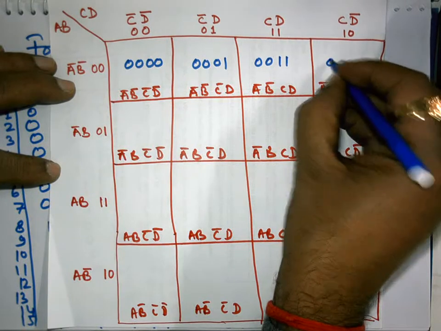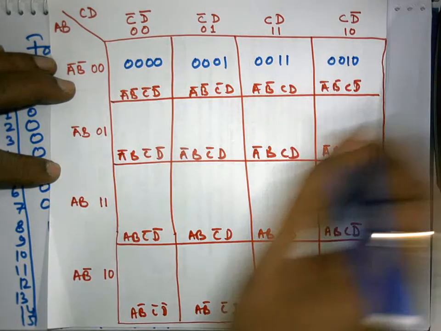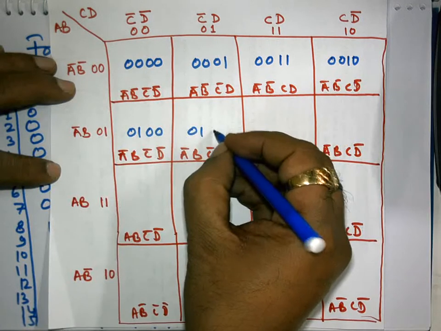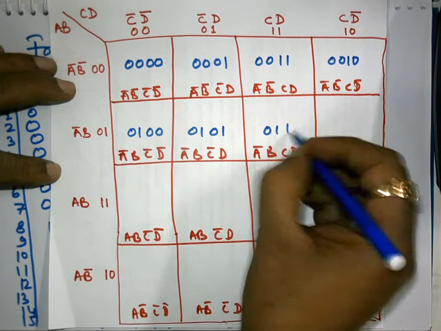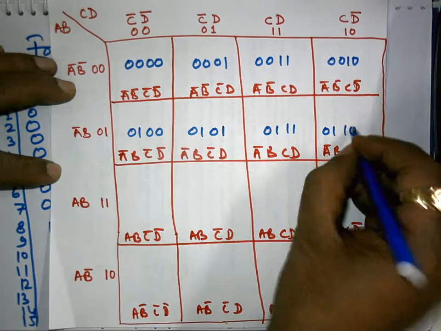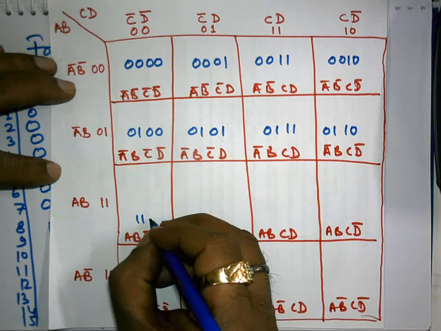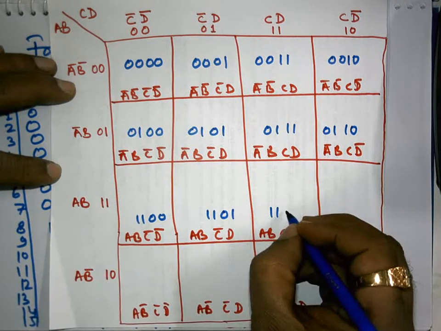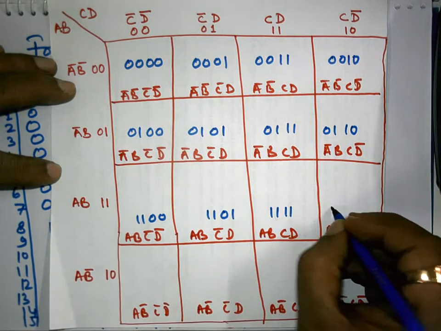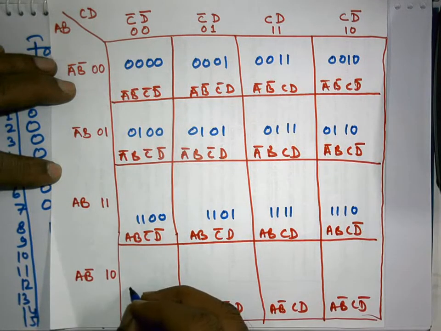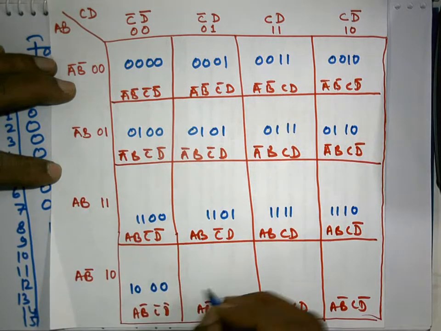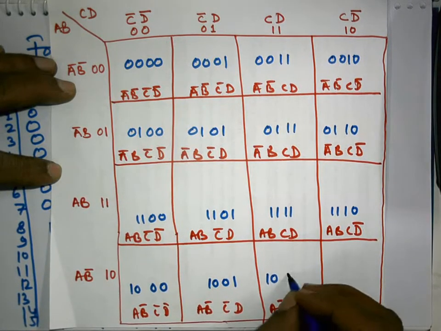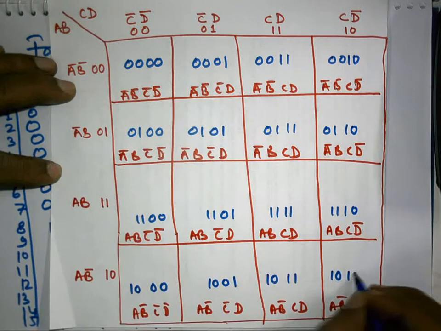Okay, 0 0 1 0, this is 0 1 0 0, 0 1 0 1, 0 1 1 1, 0 1 1 0, 1 1 0 0, 1 1 0 1, 1 1 1 1 and 1 1 1 0, 1 0 0 0, 1 0 0 1, 1 0 1 1, 1 0 1 0.